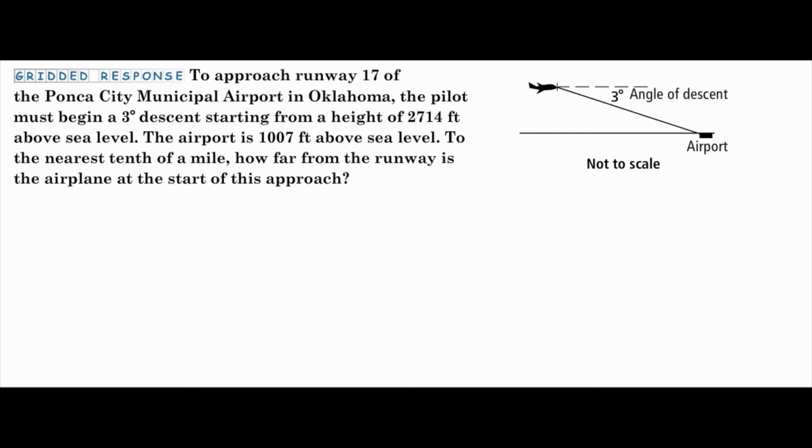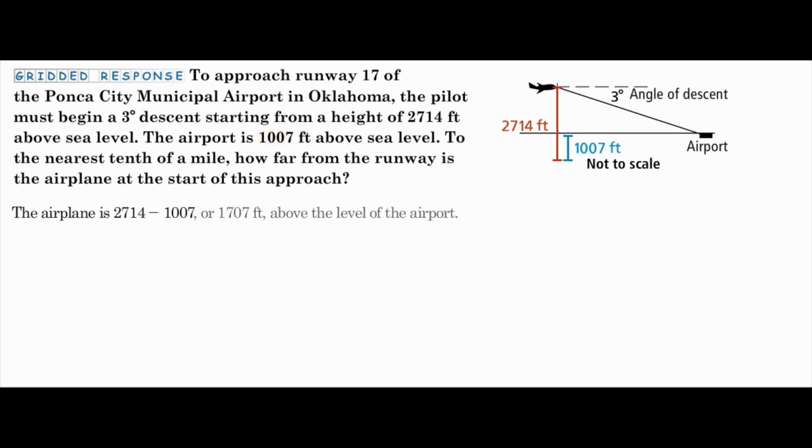First, find the starting height of the airplane above the airport. The airplane is 2,714 feet minus 1,007, or 1,707 feet above the level of the airport.